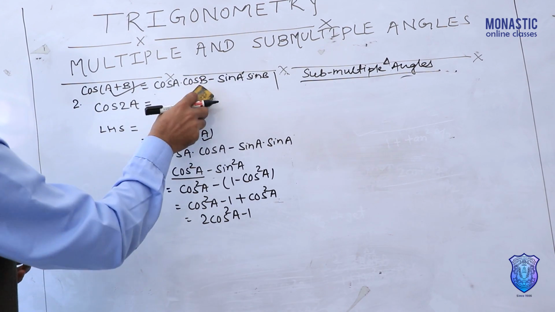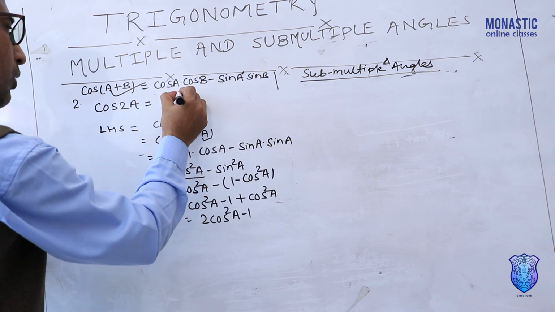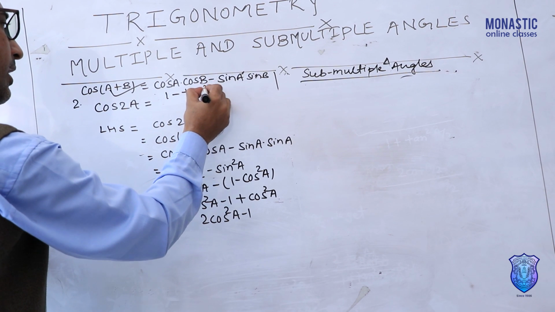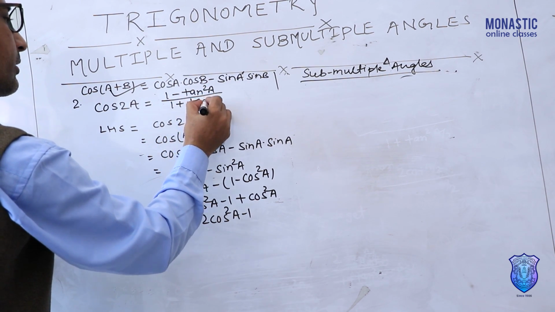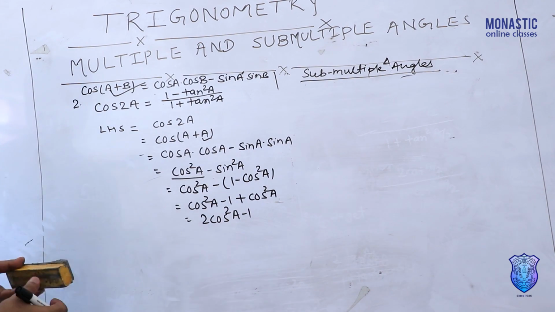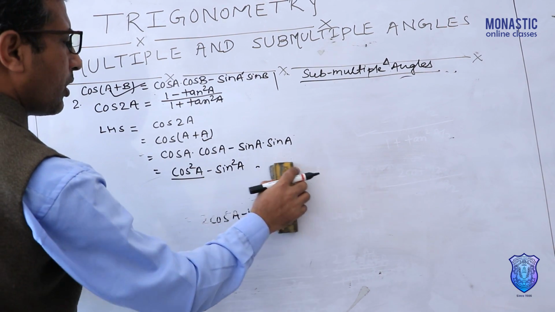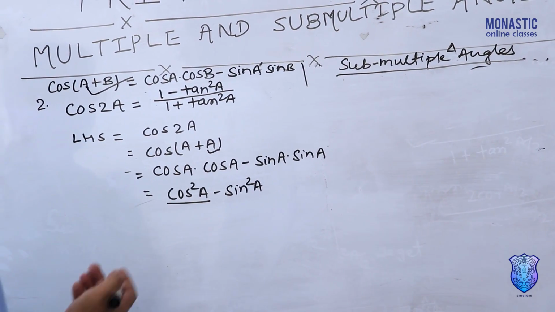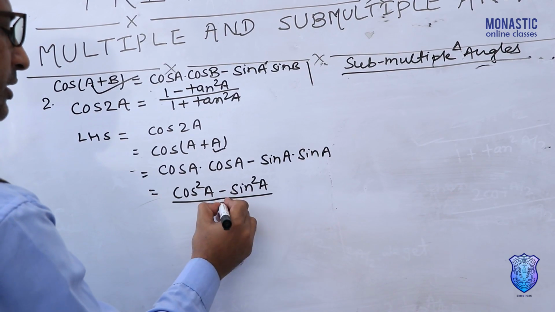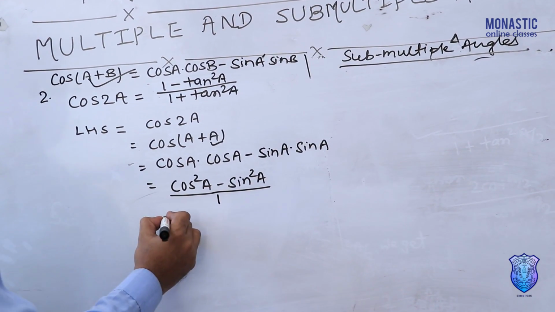Then the fourth formula for this is (1 minus tan squared a) by (1 plus tan squared a). You know how to convert it into tan. Earlier, in the sine 2a formula we have learned, we start by writing 1 in the denominator.